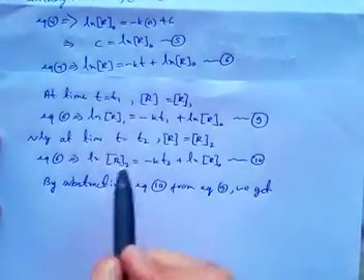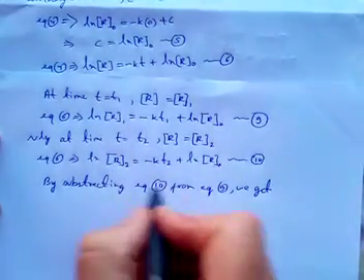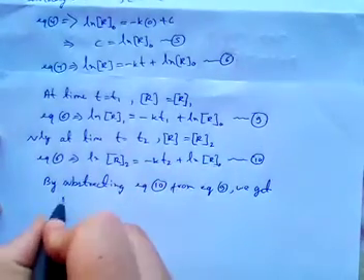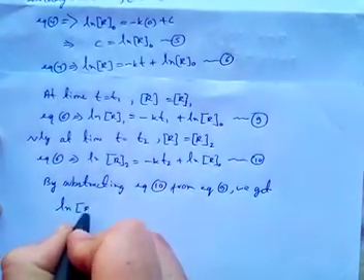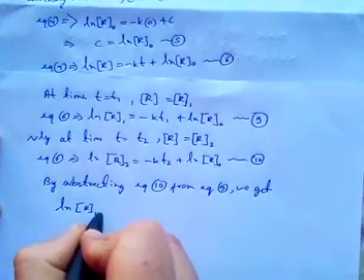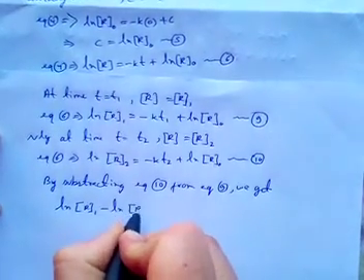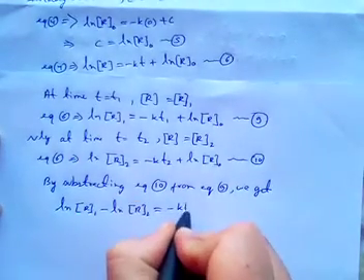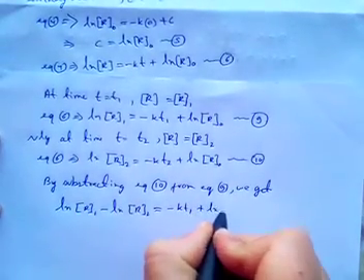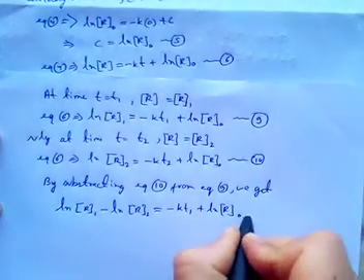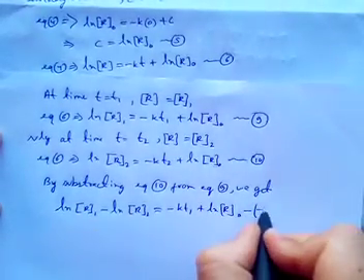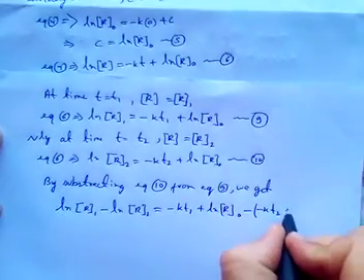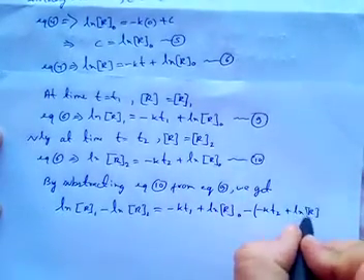equation 10 is subtracted from equation 9, that means left hand side with left hand side, right hand side with right hand side. Equation 9 comes first. So ln r1 minus ln r2 equals minus kt1 plus ln r0 minus everything of minus kt2 plus ln r0.